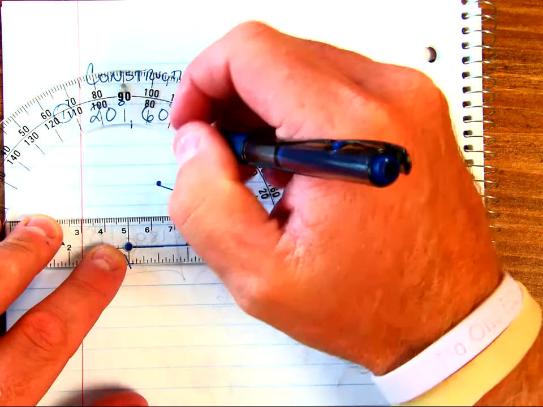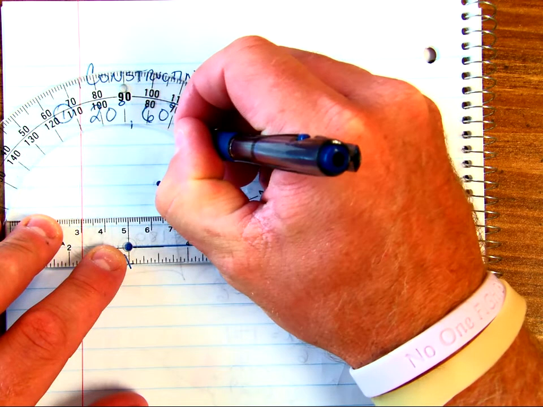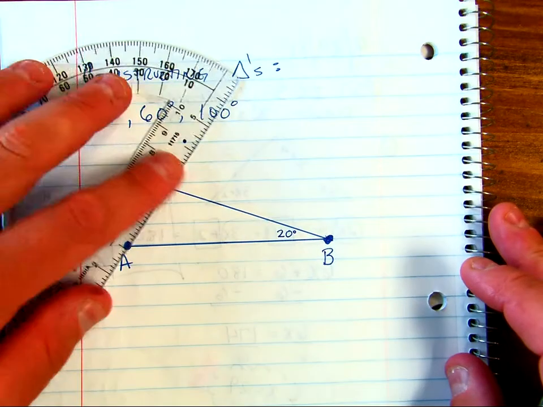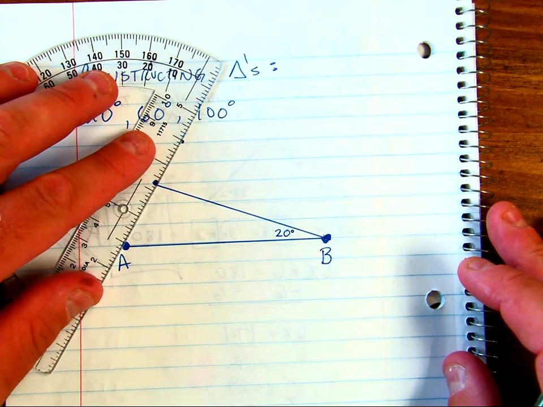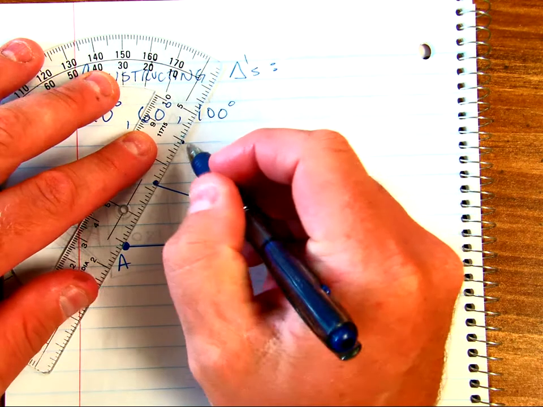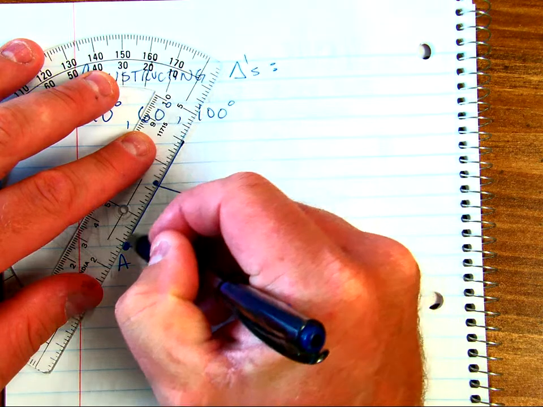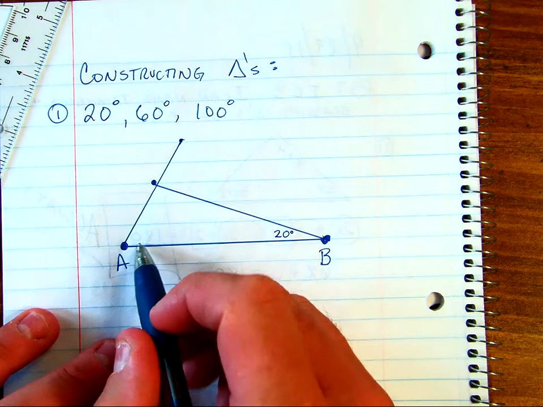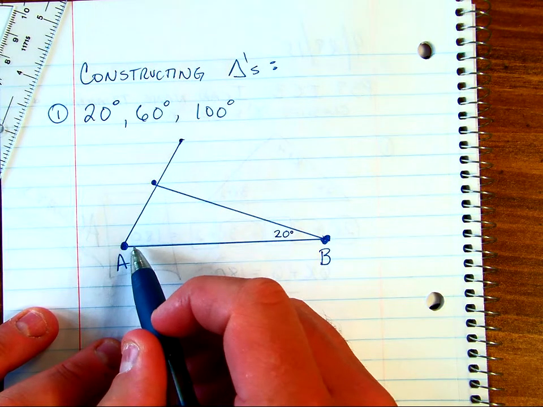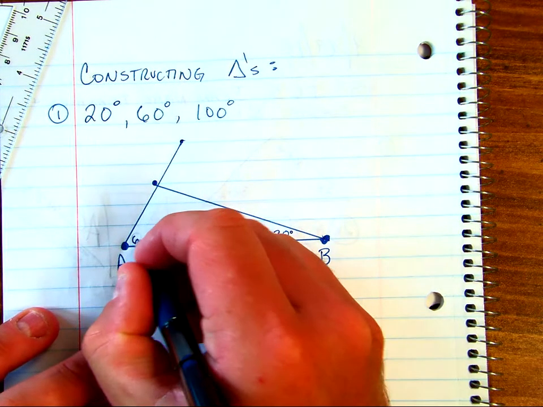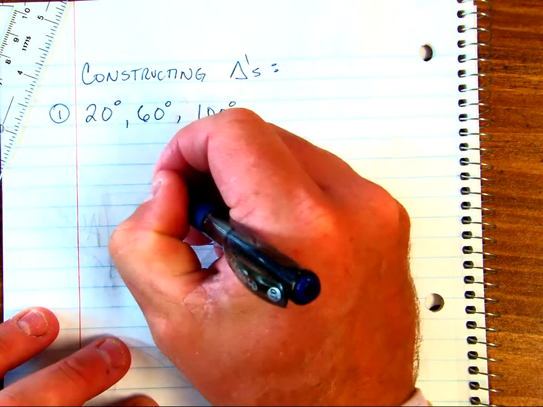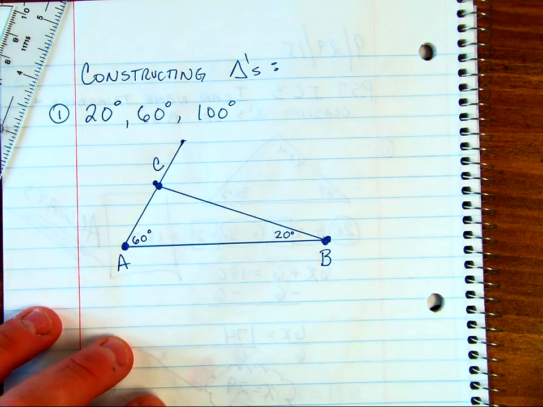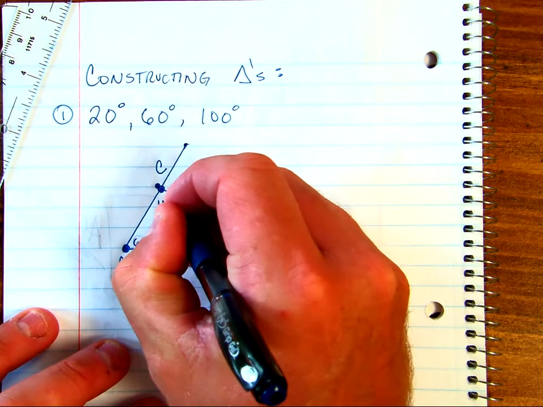Okay, make a little dot up here by 60 degrees. And then connect the dots. And then how many degrees was this angle right here? 60. And then this big dot right here, it's going to be letter C. And how many degrees would that be? That's going to be 100.